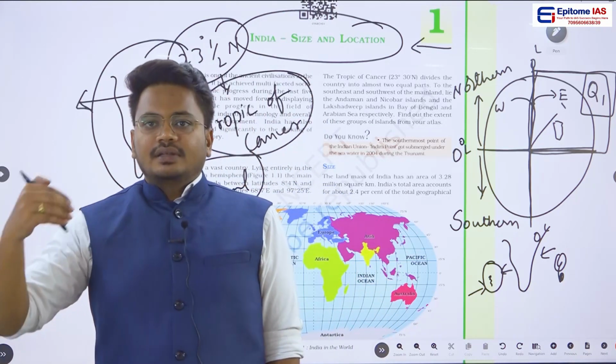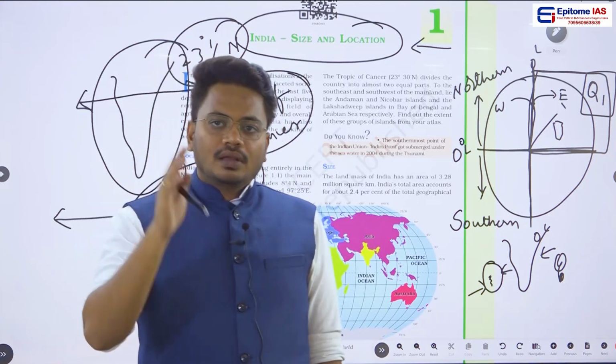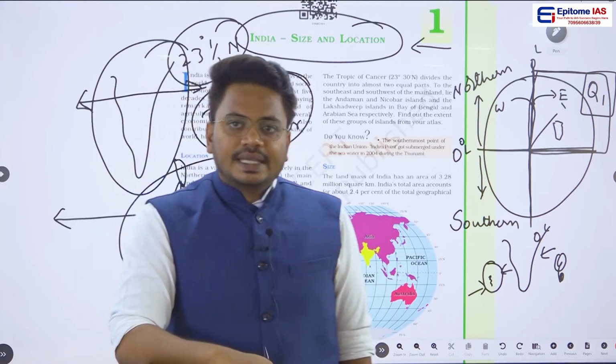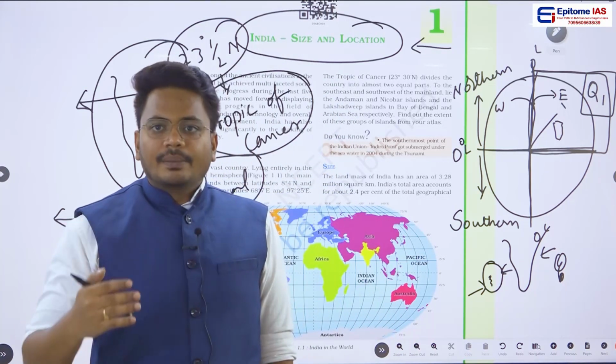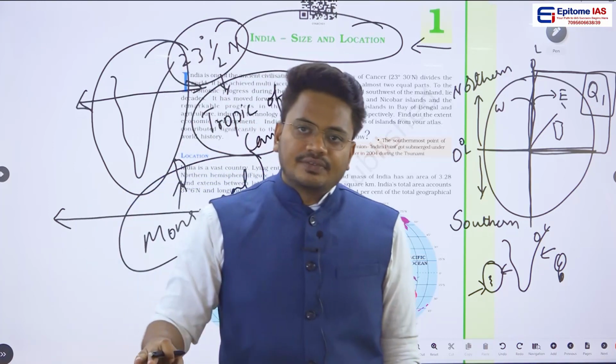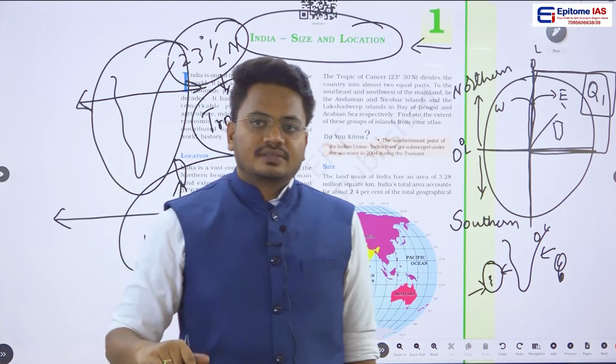The islands on the eastern side of India, in the Bay of Bengal, the Andaman and Nicobar Islands: some islands are formed because of coral activities, some because of volcanic activities, and some because of the continuation of the Himalayas.